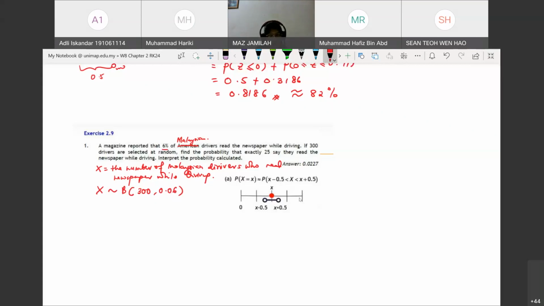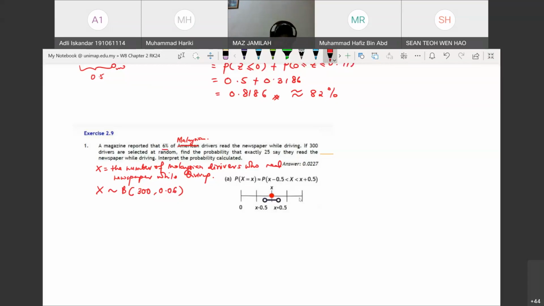So in this case, it is easy because it's under the approximation of normal.